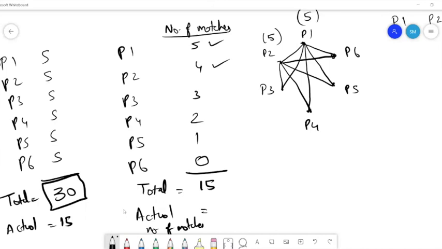I thought we are counting twice. Because let's say P1 has played 5 matches, he has played 5 matches with other 5 players. So while considering P2, P2 has of course played 4 matches. So probably we are counting twice.